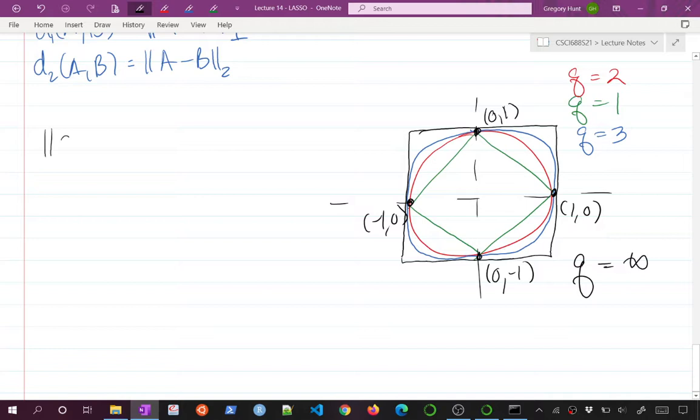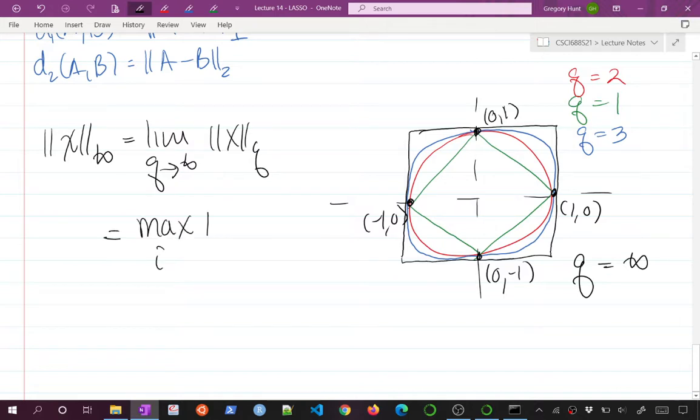So the so-called infinite norm, or the max norm, is basically the limit as q goes to infinity of this. And it turns out it's going to be the max of the absolute values of these things. So that's interesting. And that is defined by a square.